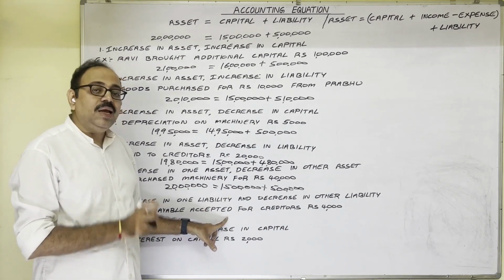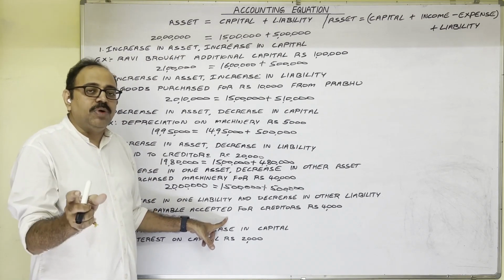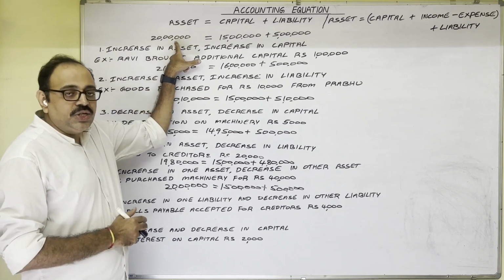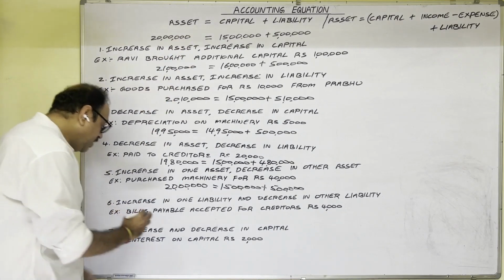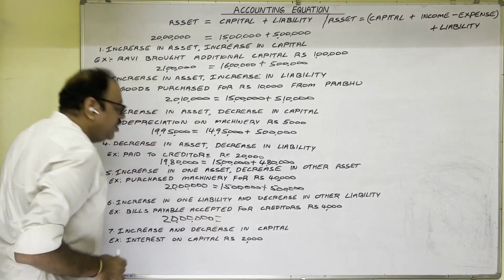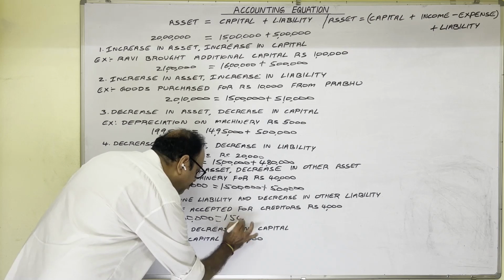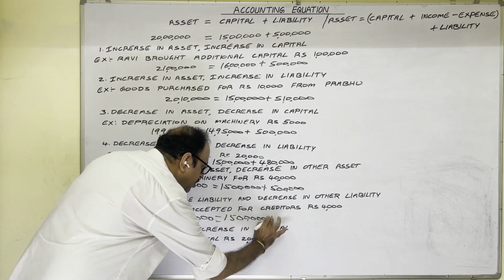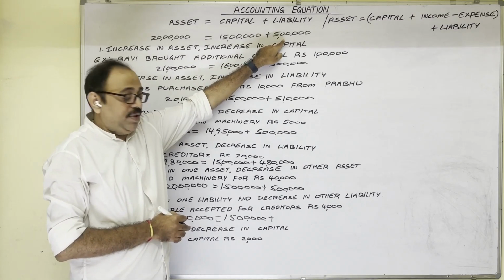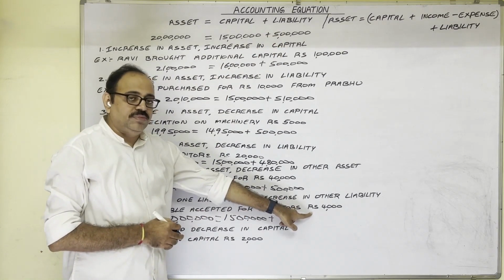So what happened here? One liability, creditor, is converted into another liability, bills payable. So there is no change in assets now. Asset value remains the same, 20 lakh rupees is equal to, there is no change in capital also. Capital amount is 15 lakh rupees plus, in 5 lakh rupees liability, creditor value is decreased by 4,000.